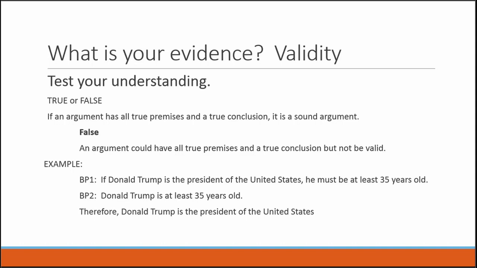So the fact that it is possible that both premises could be true when the conclusion is false tells us that it's an invalid argument. So, even if an argument has true premises and a true conclusion, it is not necessarily sound. It could still be invalid.